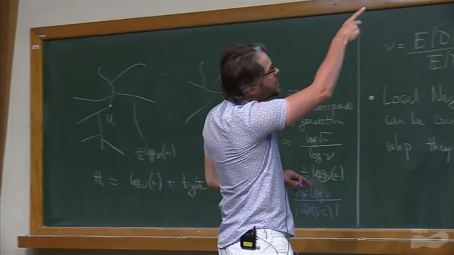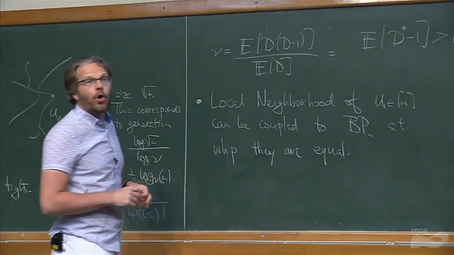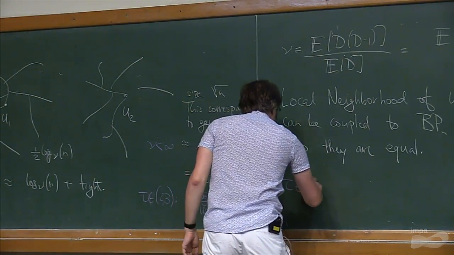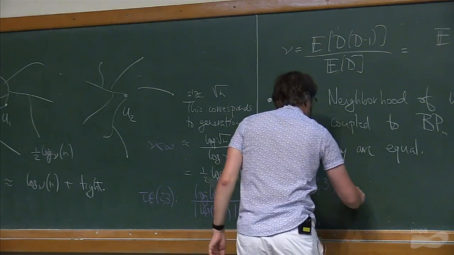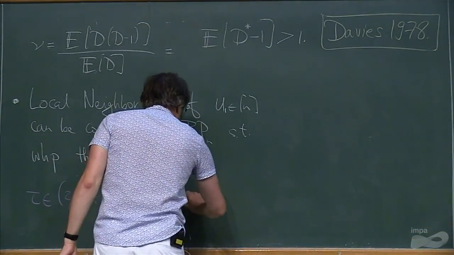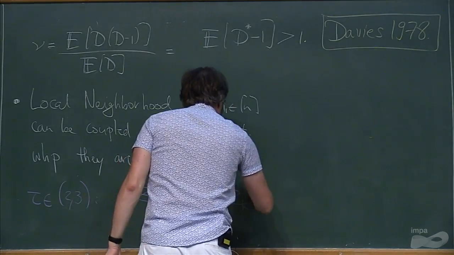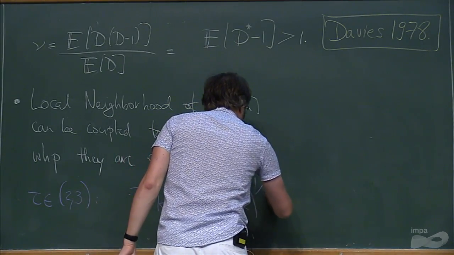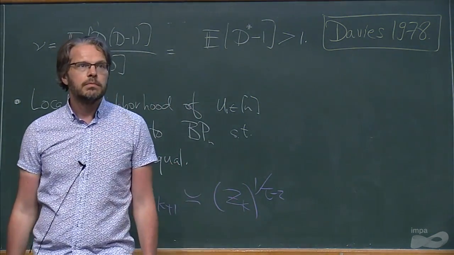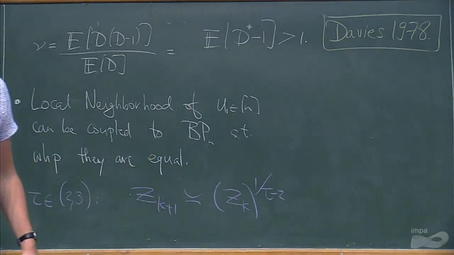Somehow what this statement about the log growing exponentially says is that for tau in between 2 and 3, if I look at Z_{k+1}, it's roughly going to be Z_k to the power 1 over tau minus 2. And bear in mind, this is a number larger than 1, 2, for example.